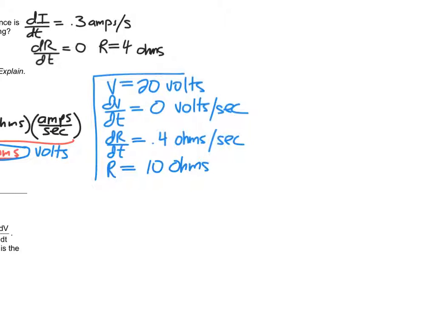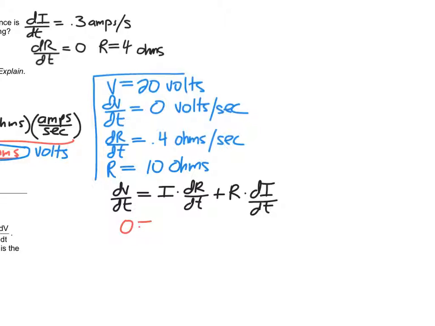We go off again with our derivative model. dV/dt is equal to I times dR/dt plus R times dI/dt. The left-hand side is going to be equal to 0; they told us that.